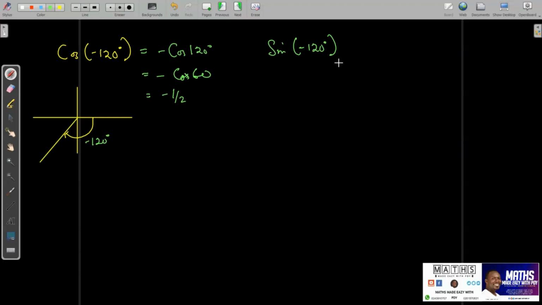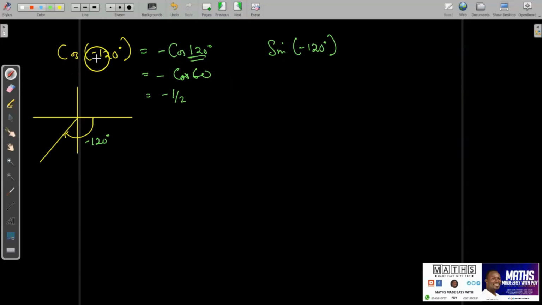No. What I'm saying is that cos of negative 120 degrees is the same as negative cos 120. We are just taking the special angle found in 120, and that is 60 degrees. So the 120 is no more going to be there.